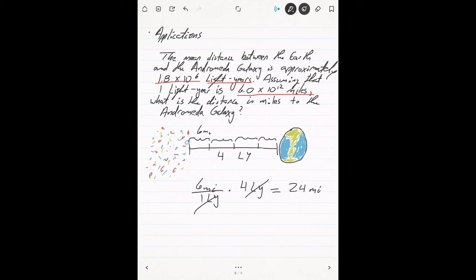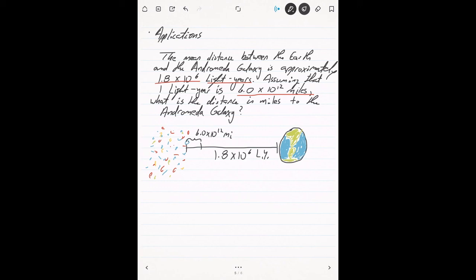That's the general setup to this. And that should make sense. If you have so many miles for a light year and you have this many light years, we just multiplied them together. So now let's reformat the problem, but this time let's try it in terms of the actual values.